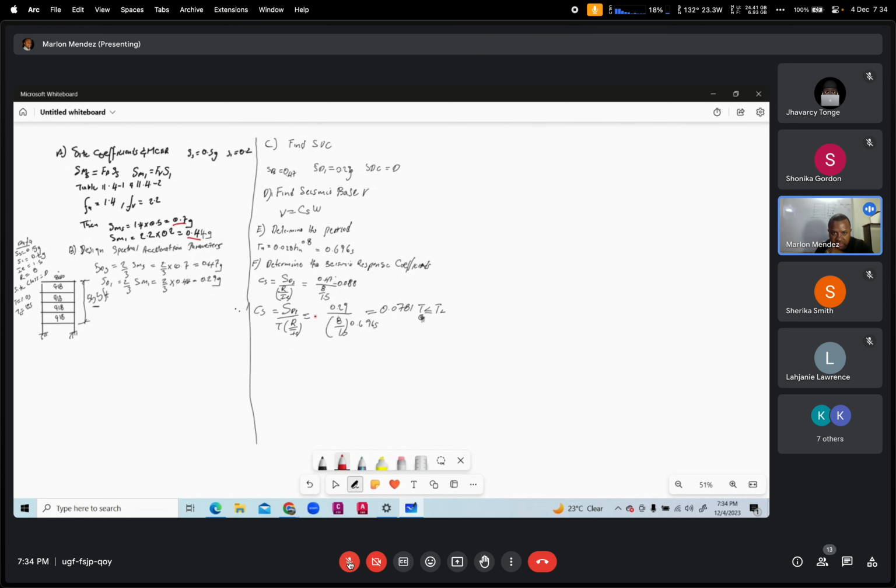Right here we have this based on the short period, and this is based on the 1 second period. In order to use this equation, it gives us an idea that Ta is less than TL. And you will find out as we go along further, where there's a minimum value.